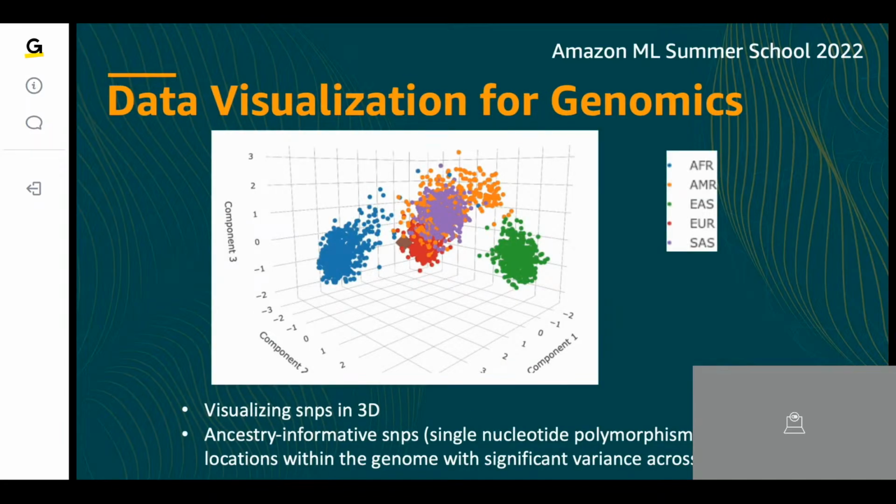Similarly, in the case of genomics, you are able to visualize this large gene data onto a 2D or a 3D map. In this particular case, this is a 3D lower dimensional representation, and you are able to map out the ancestry information of various individuals, where they came from in terms of their genomes, on a three-dimensional space.